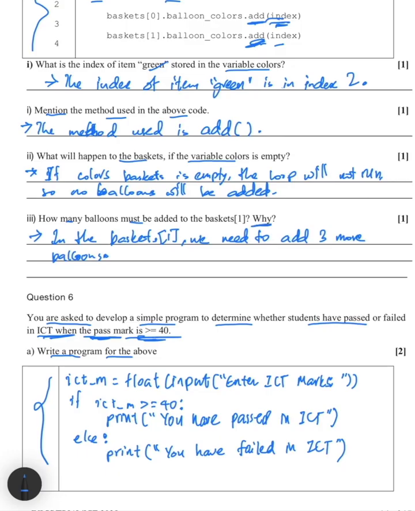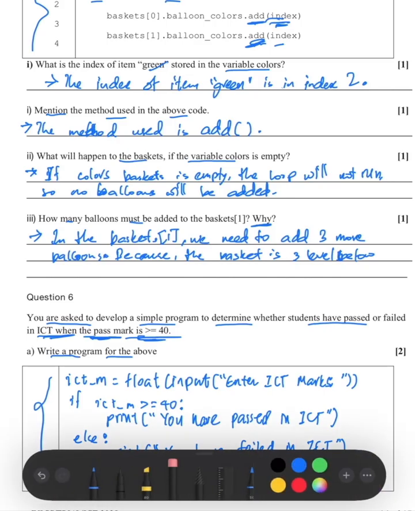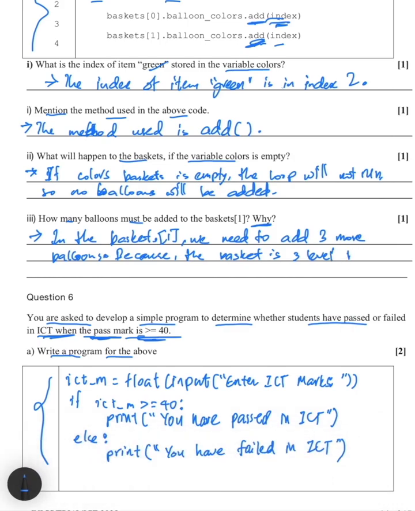Why? Because the basket is 3 levels below the platform where the banana car is.